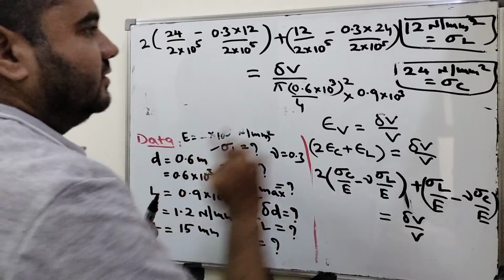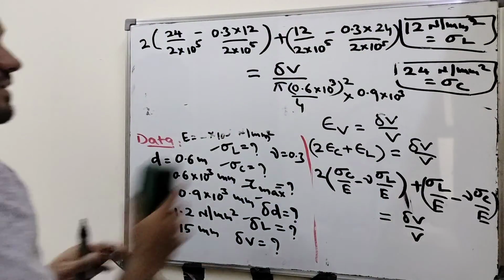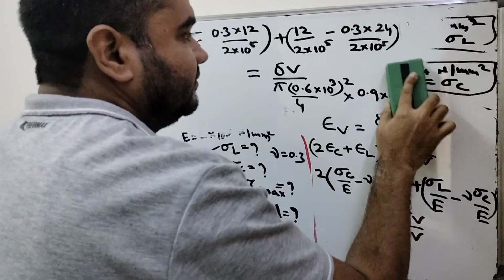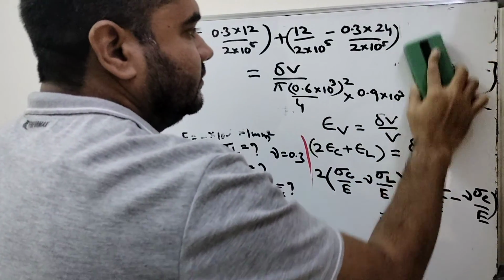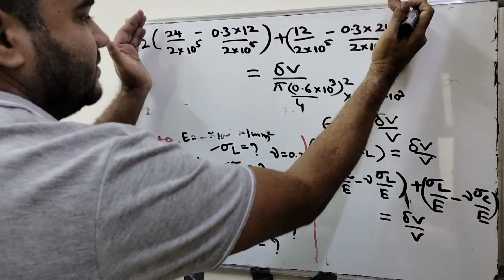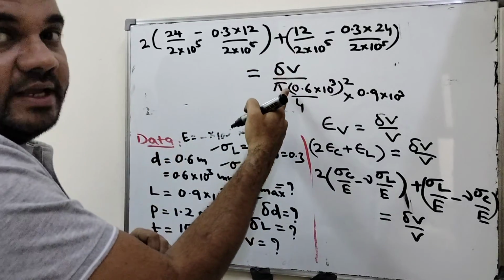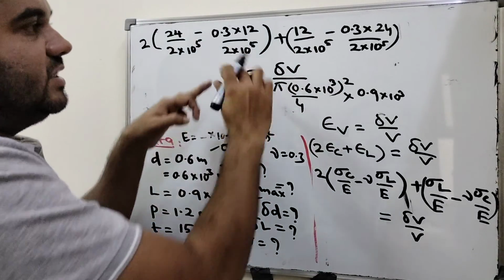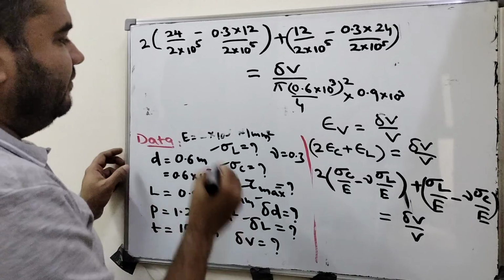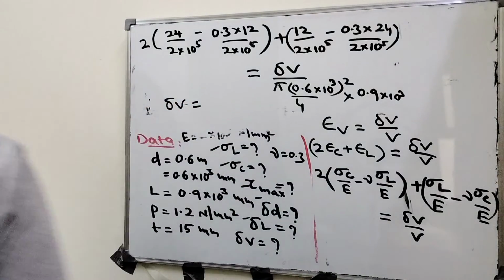So now the left side is this and the right side is this. I erase here to remove the confusion. This is the equation, right? The left side is equal to the right side, and only one is variable, the change in volume. Simplify and calculate.